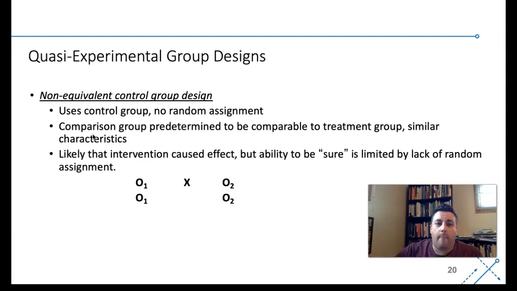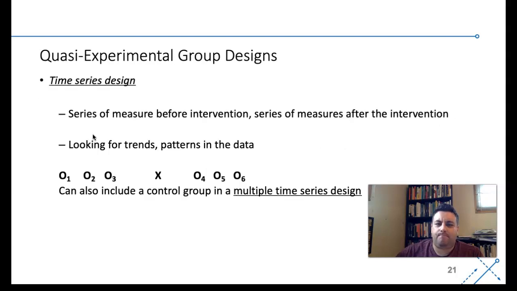To have a good quasi-experimental design, you need to be sure that the two different groups are fairly equivalent. They're not considered as robust as a true experiment, but they still can be pretty powerful, especially when randomization simply isn't possible.